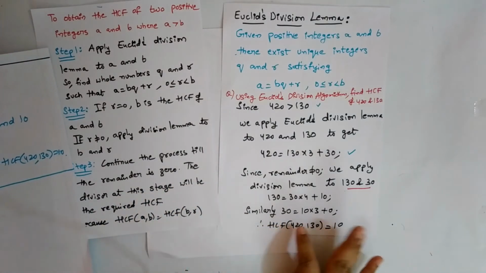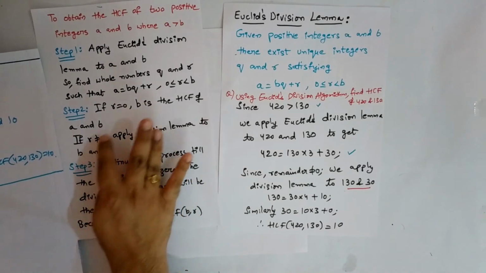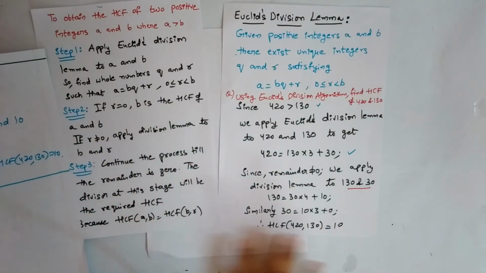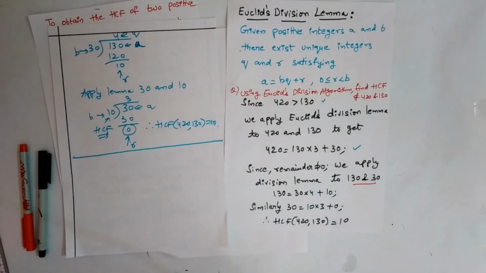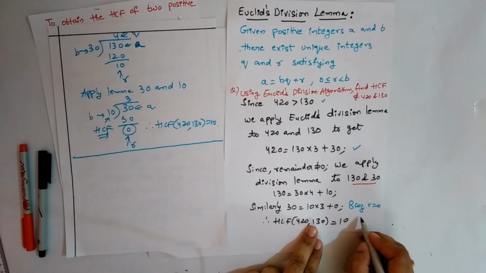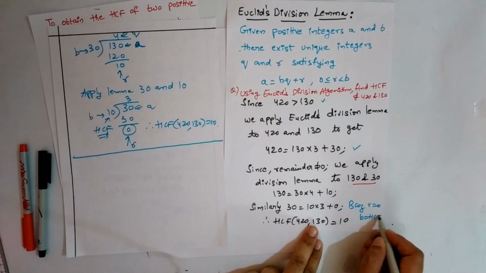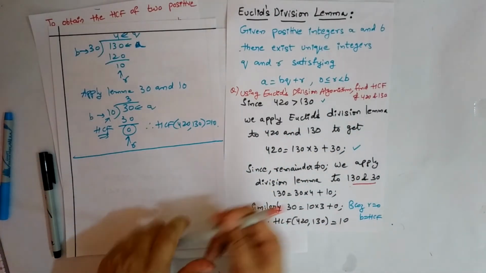So similarly, 30 equal to 10 into 3 plus 0. Because R equal to 0, B is the HCF. So you can jot down this method also. This is the second method.